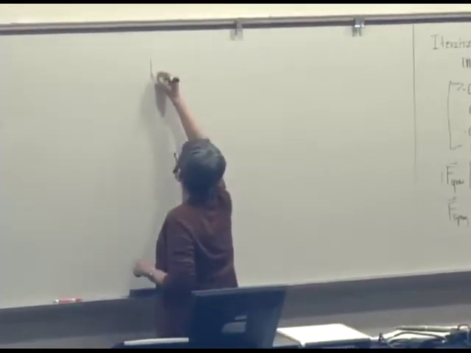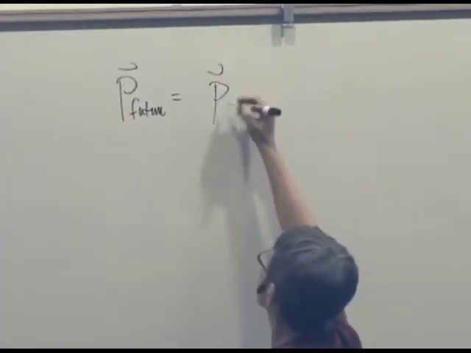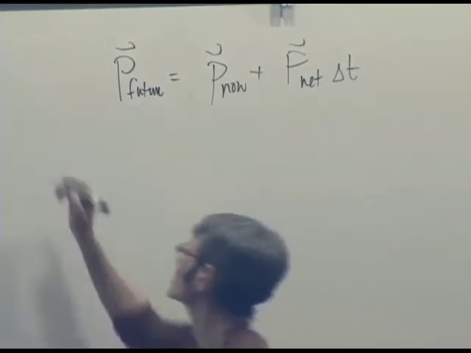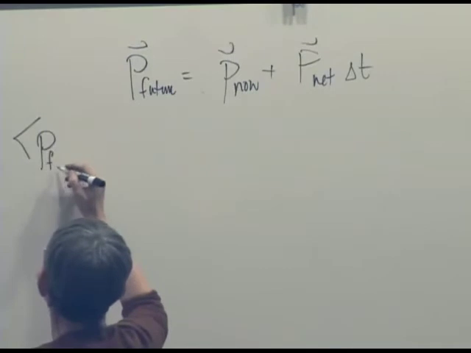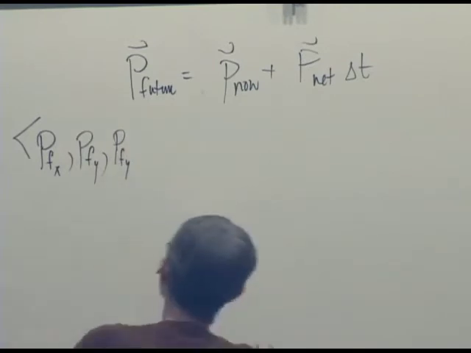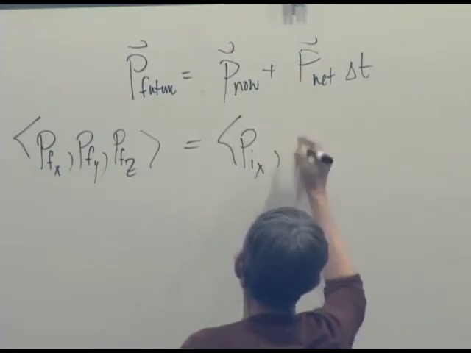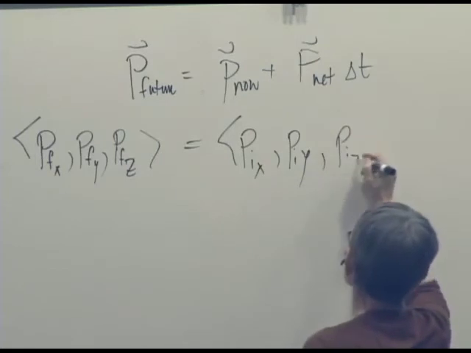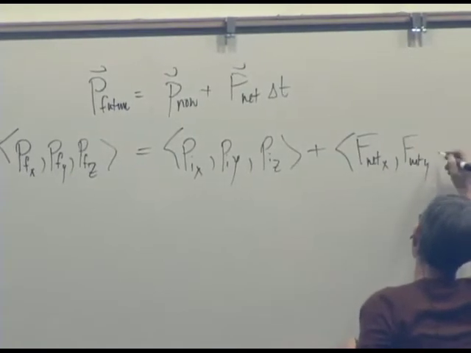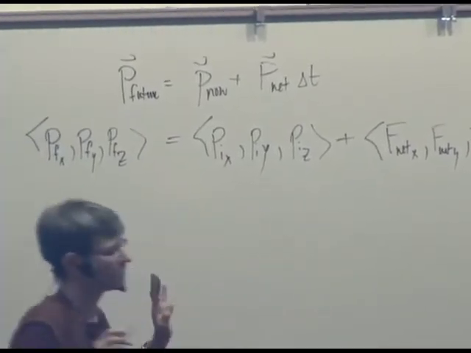If we write the momentum principle this way, P future equals P now plus F net delta T, we could rewrite this as P future X, P future Y, P future Z, we can just write out all the components, equals P initial X, P initial Y, P initial Z, plus F net X, F net Y, F net Z, delta T. We add vectors.